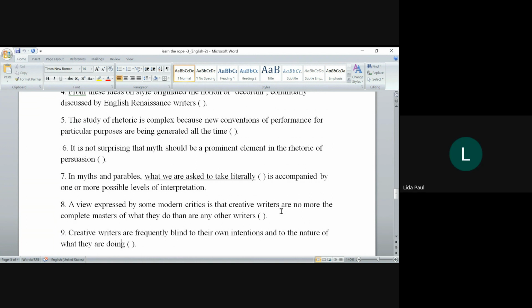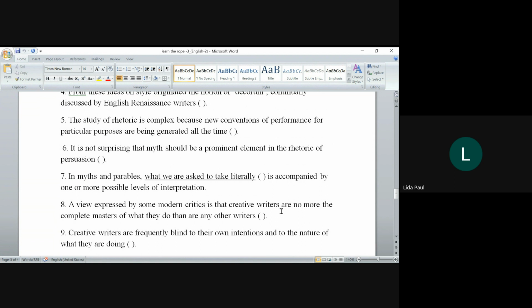Let's look at the fifth one. The study of rhetoric is complex because new conventions of performance for particular purposes are being generated all the time. So which part of the sentence is an independent clause?